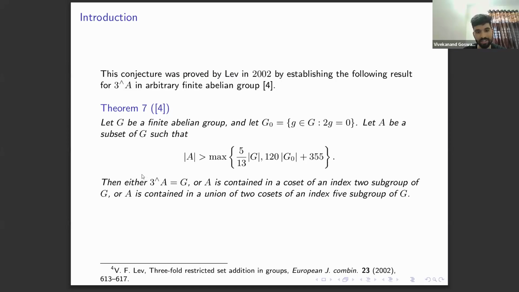Let A be a subset of G such that the cardinality of G naught equals Z, or A is contained in a coset of a proper subgroup of G. If we choose G equal to Z_n, where n is odd, then it is easy to get this conjecture.